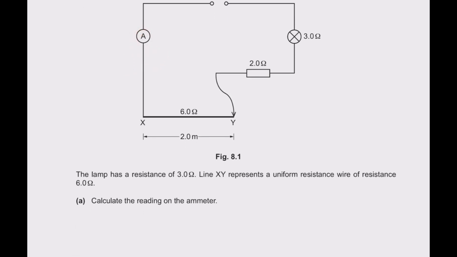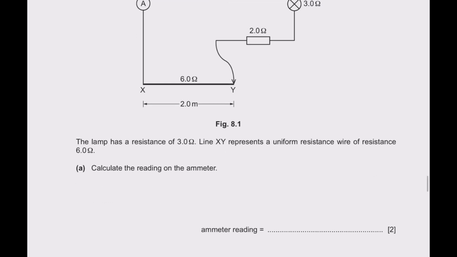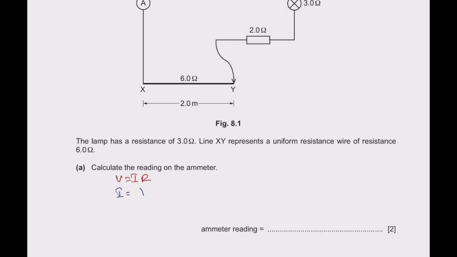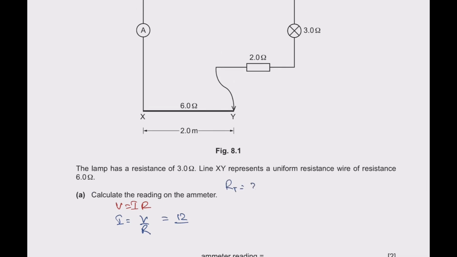If I want to calculate the reading in the ammeter, by using Ohm's law I can easily say V equals IR, or I will be equal to V by R. V is 12, and R total is nothing but 3 plus 2 plus 6, because they are all connected in series.